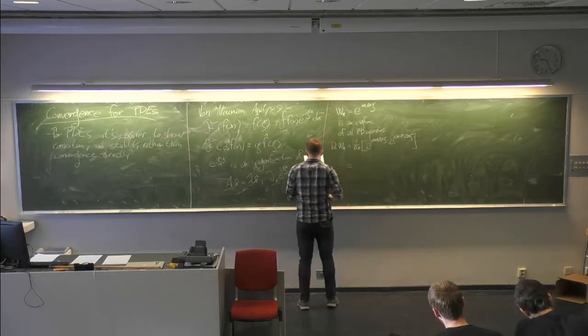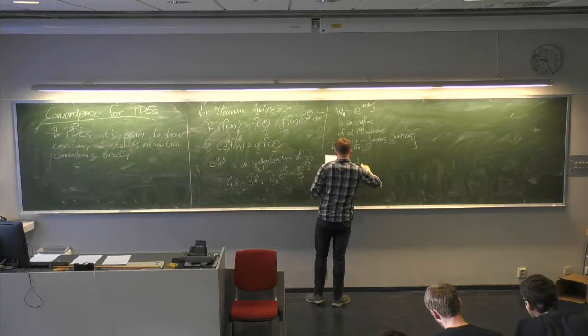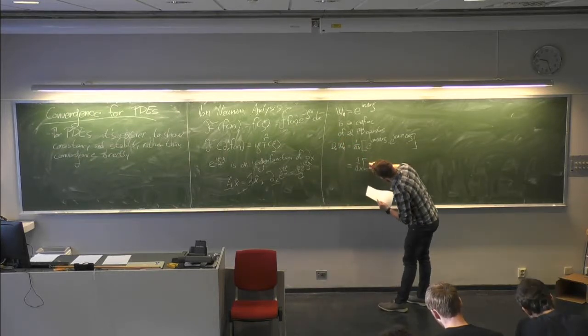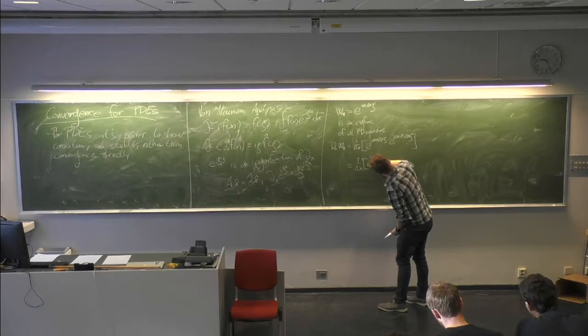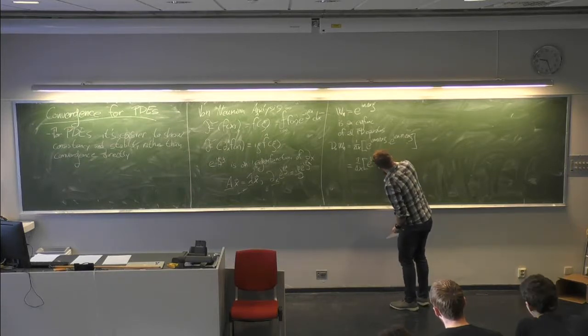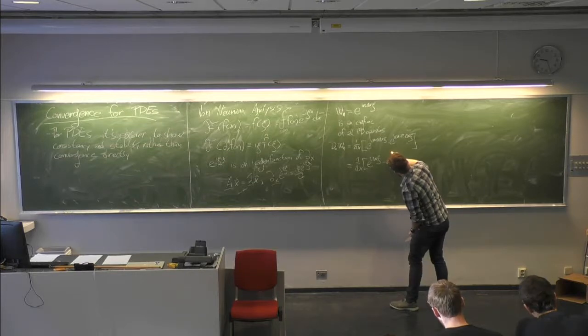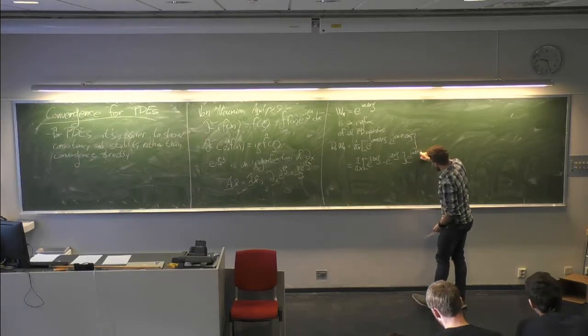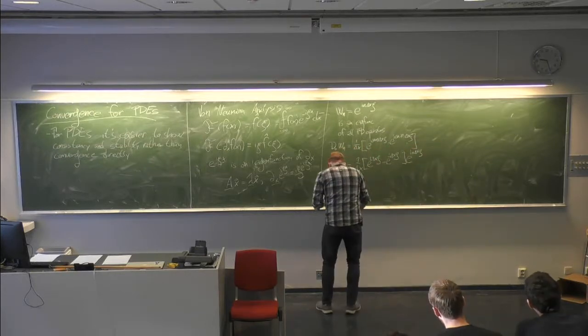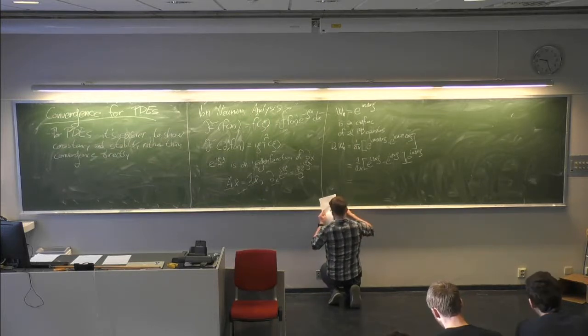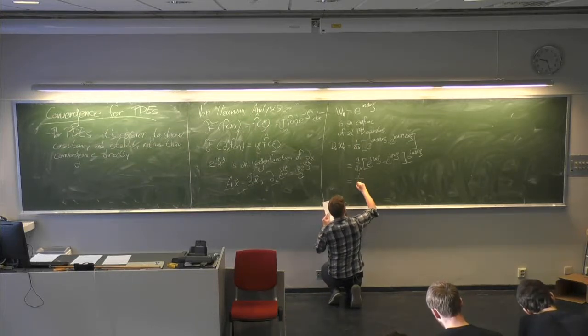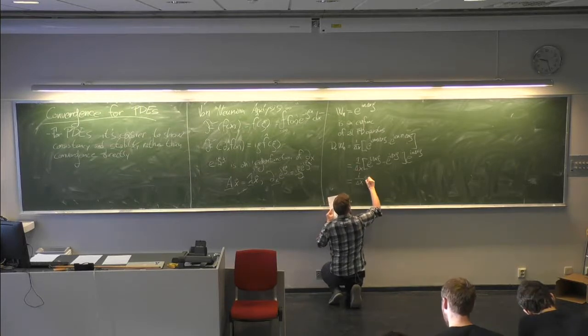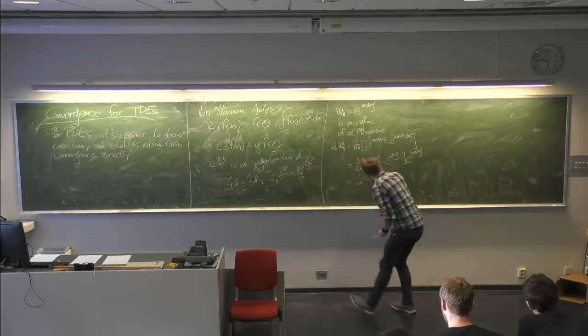Well, just apply it: 1 over delta x, e to the i delta x psi minus e to the minus i delta x psi, right? Which is again i over delta x times sine of delta x psi.